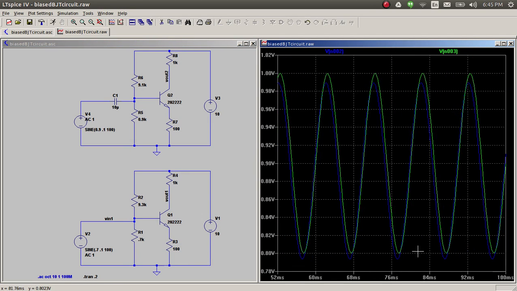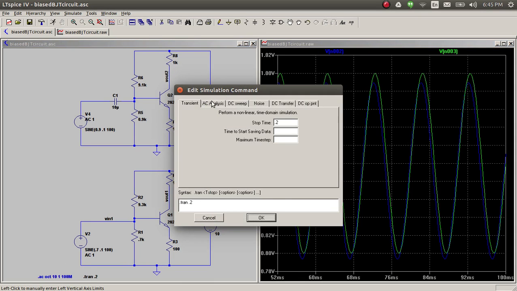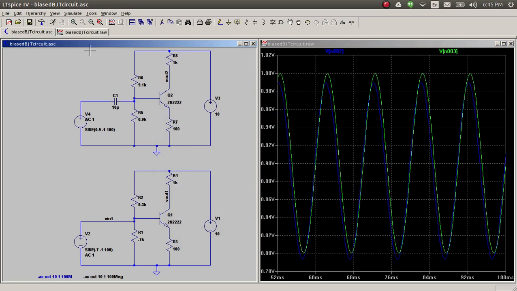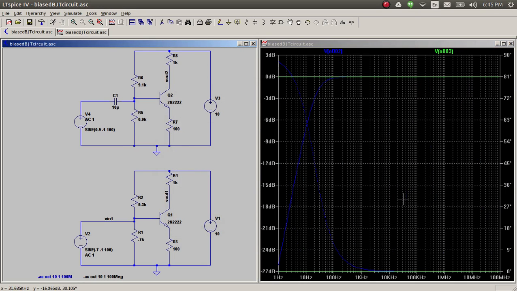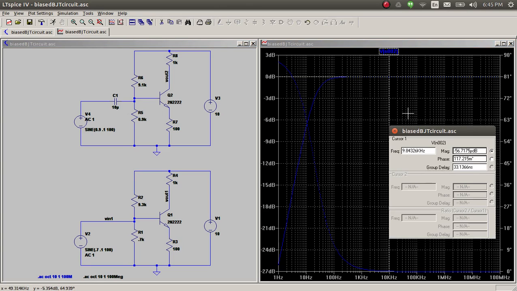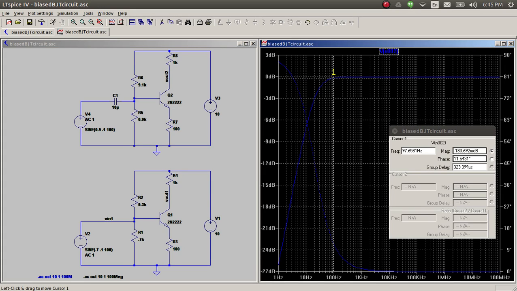So bias is a little bit off, but my amplitude is pretty good, and there's still some slight phase difference that I can see. And if we go back to the AC plot and look at this, you can see that at 100 hertz, there's a small phase difference between the input and the output.